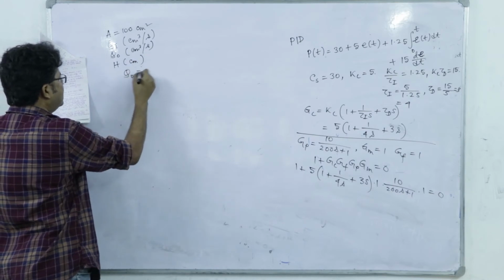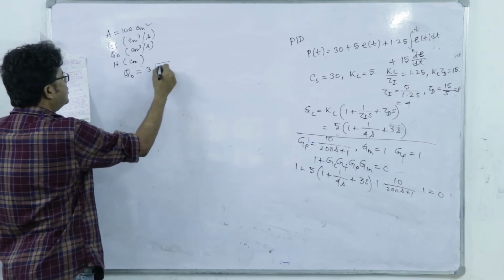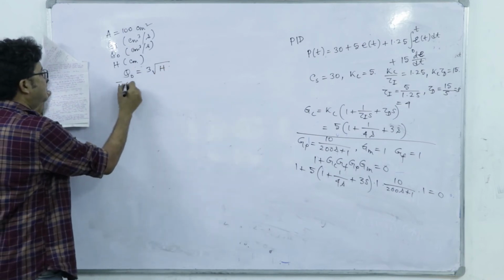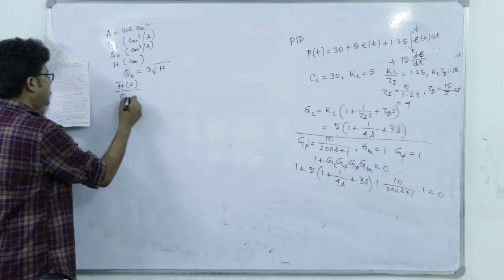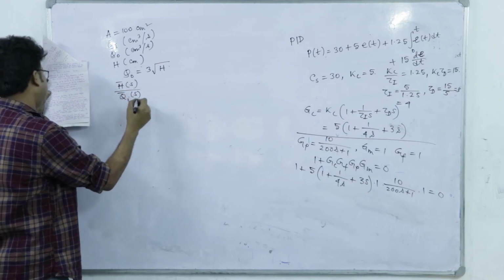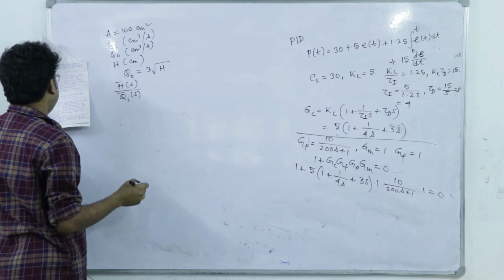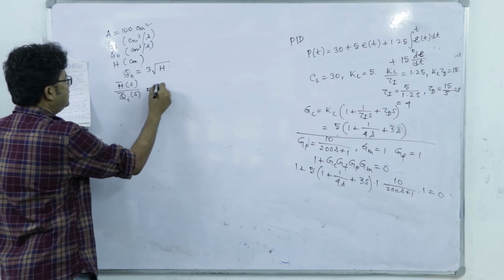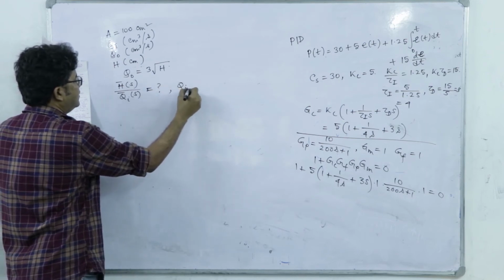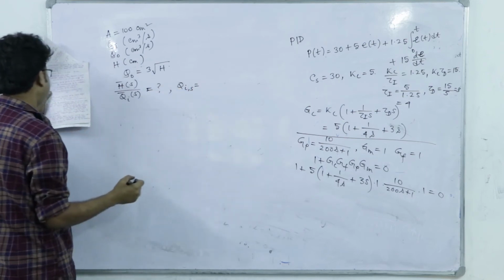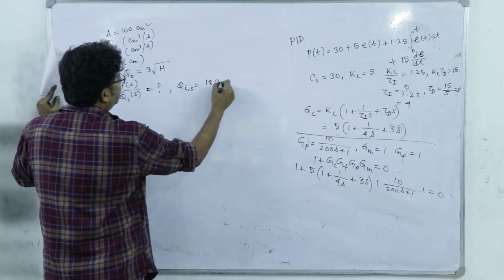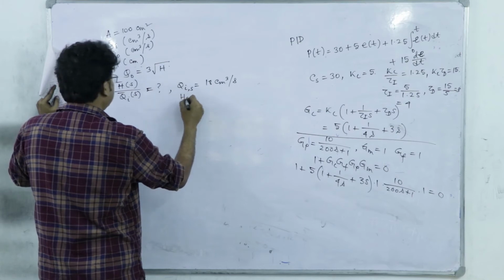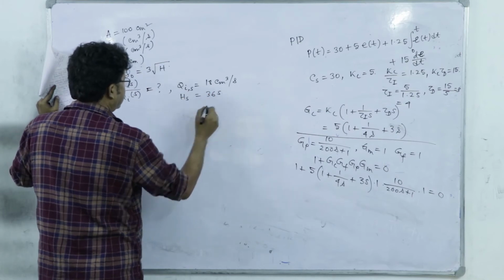The relation is Qo equal to 3 under root of H. Then the transfer function H bar(s) divided by Qi bar(s) in deviation variable form of the process around the steady state is equal to what? Around the steady state Qis equal to 18 centimeter cube per second, Hs is equal to 36 centimeter.